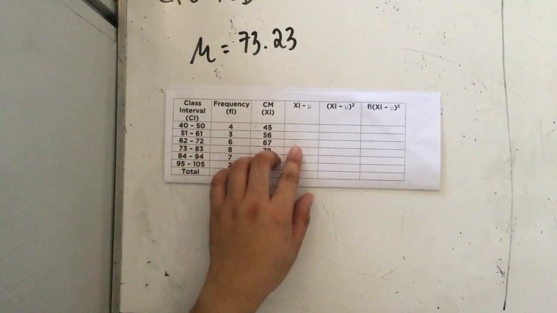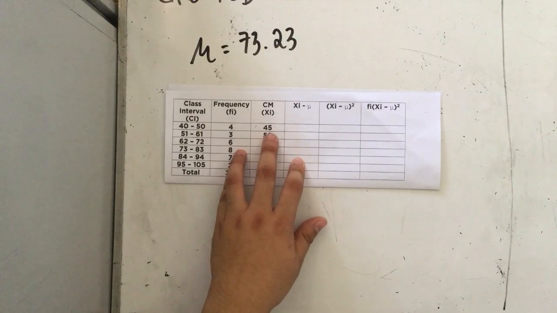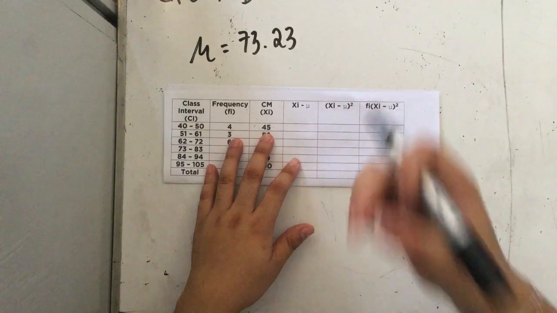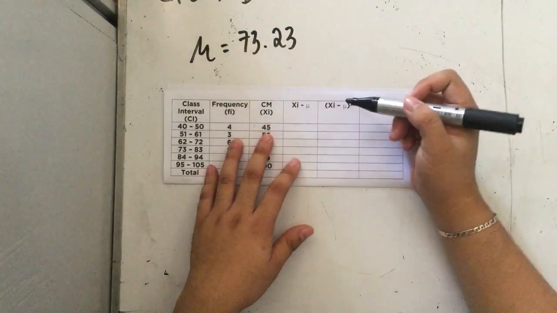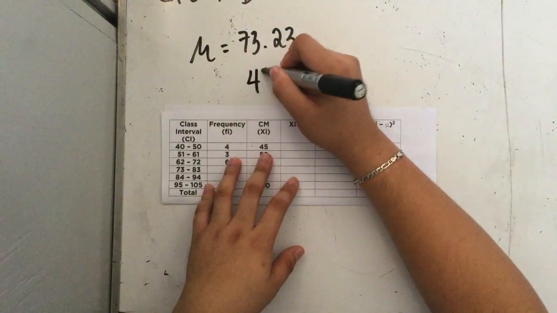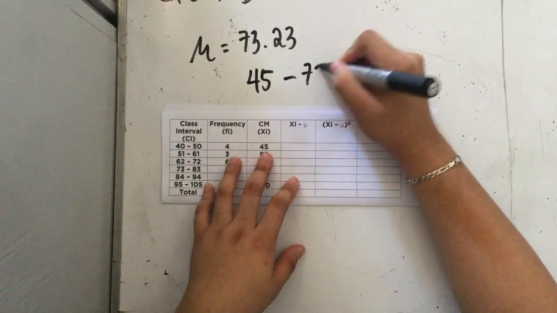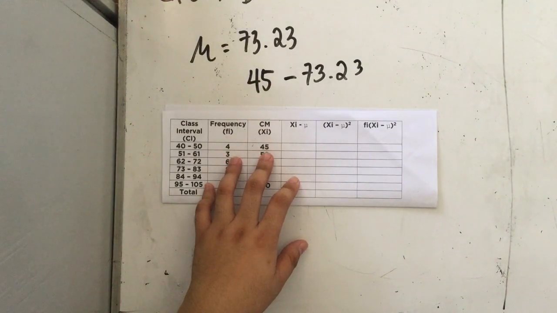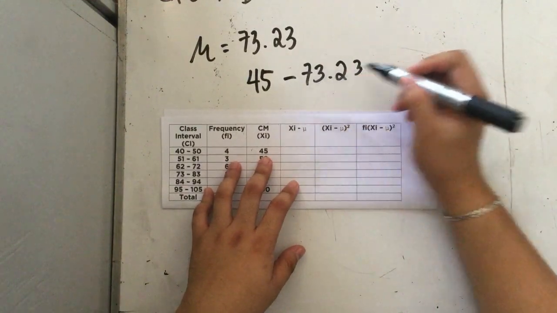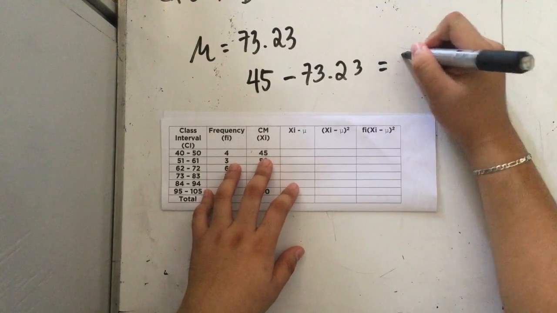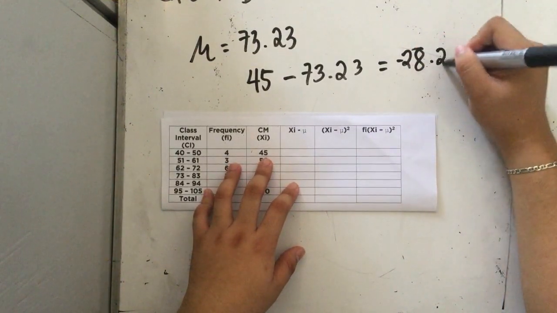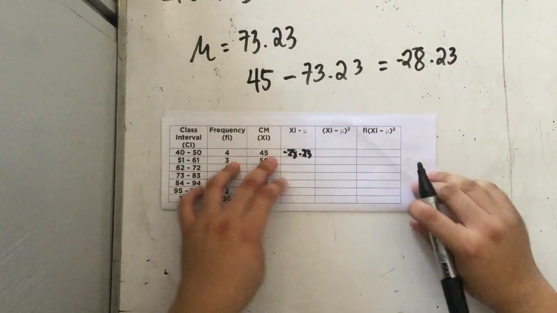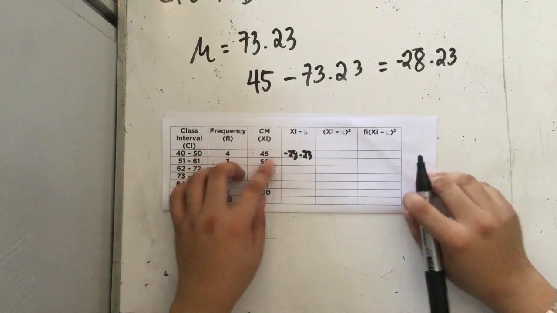Okay, for class mark minus mean dun sa unang interval natin, 40 to 50, we'll just compute 45 minus 73.23. So actually it is equal to negative 28.23. Okay, and so on and so forth.